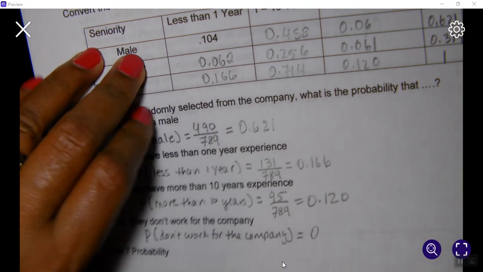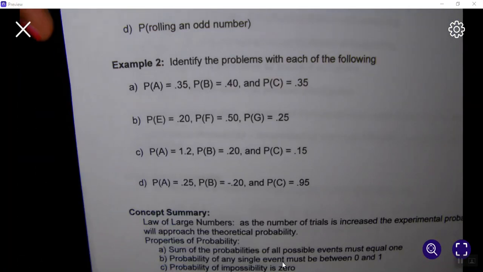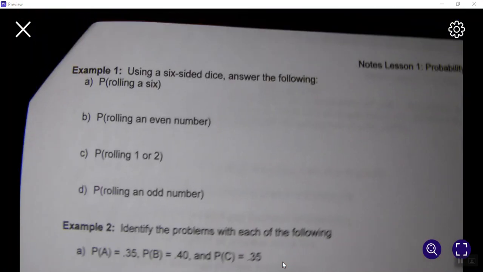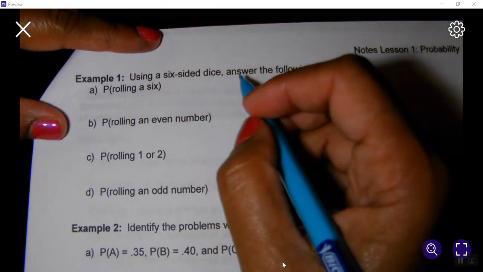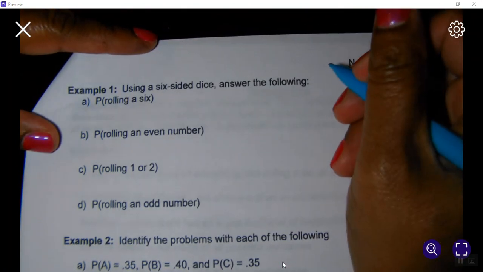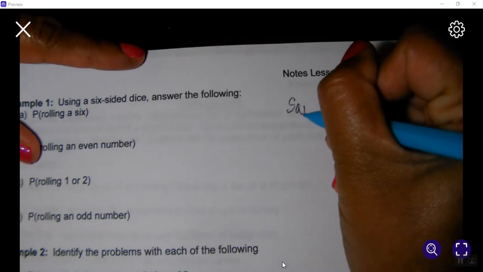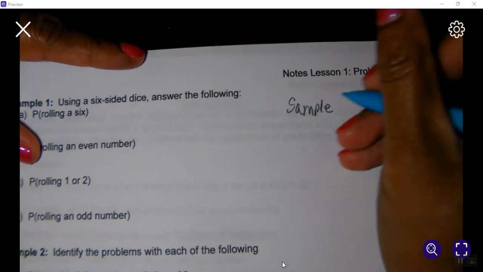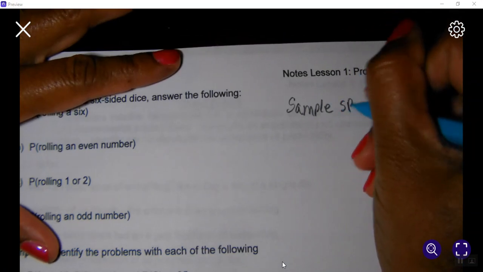Okay, and then finally, just going to quickly go through this one. It says, using a 6-sided dice, answer the following. What is the probability of rolling a 6? So let's look at our sample space here. Sometimes when the outcomes are not so many, we can look at the sample space.